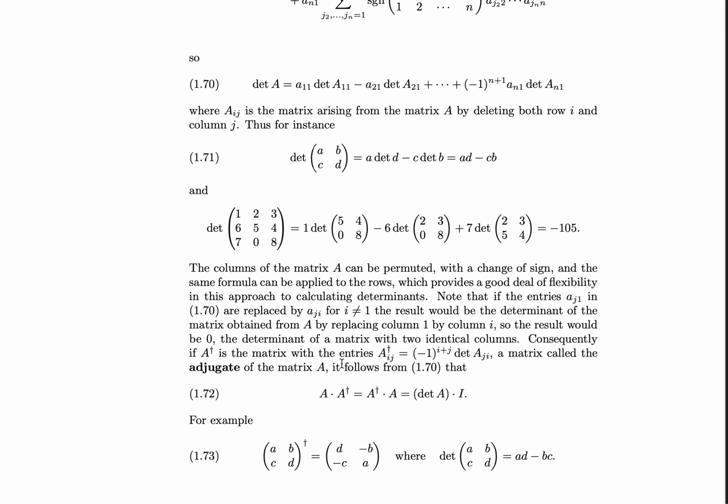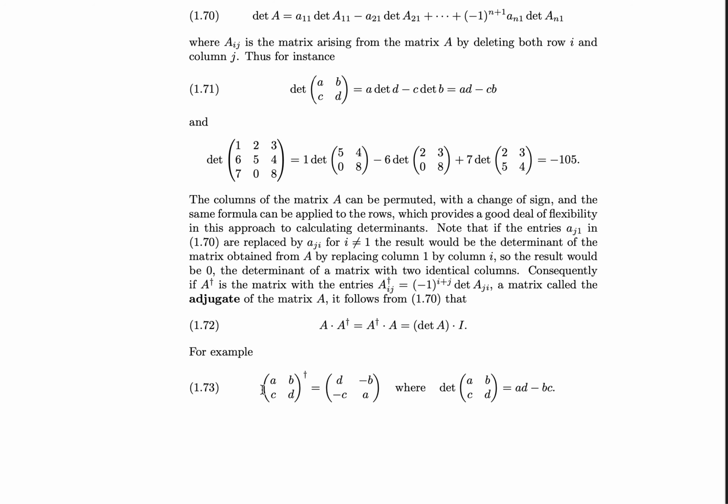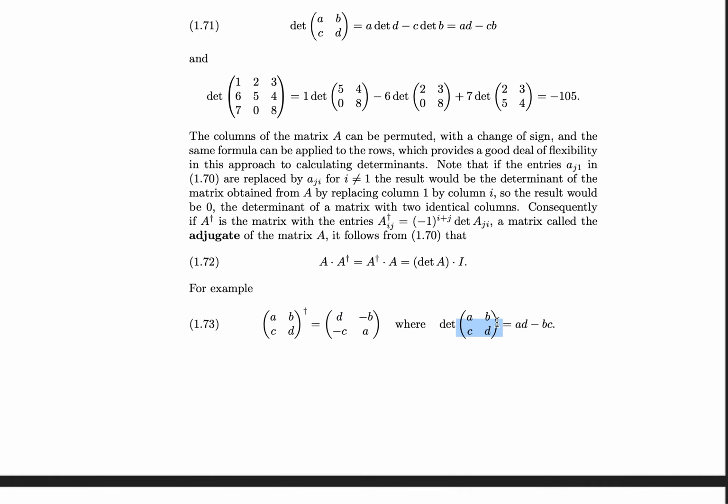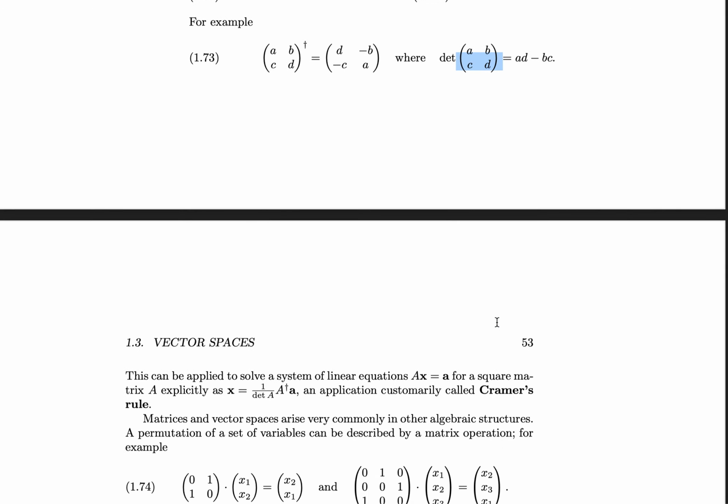Therefore, now let's construct a new matrix which we'll call A dagger, with entries Aij dagger equal to (negative 1) to the i plus j, times the determinant of Aji, which is called the adjugate matrix of A. And then it follows from our result from 1.70 that A times the adjugate of A is equal to the adjugate of A times A, which is equal to the determinant of A times I. For example, the adjugate of (a, b; c, d) is (d, minus b; minus c, a), and then we'll recall that the determinant of (a, b; c, d) is equal to ad minus bc.